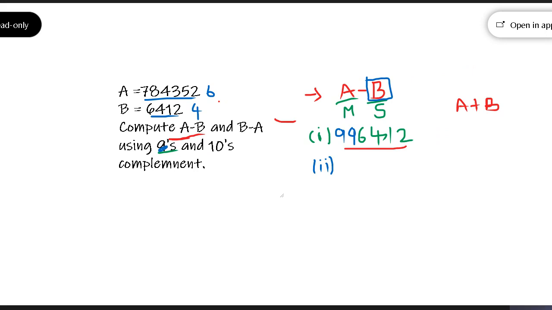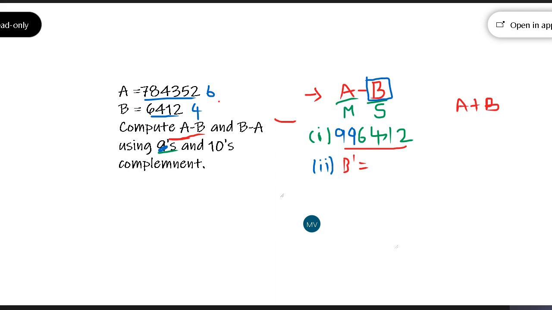You have to take nines complement. That means you have to do B dash. B dash is nothing but you subtract this value from all nines. So that is 9, 9, 9, 9, 9, 9 minus 9, 9, 6, 4, 1, 2.